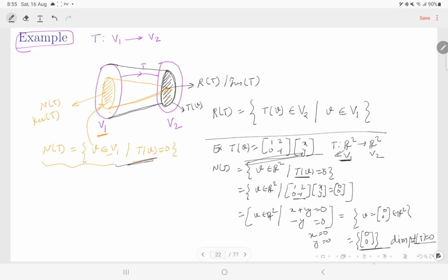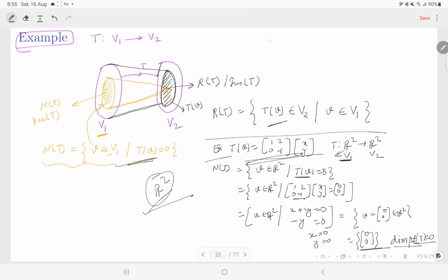Okay, what about range of T? When the dimension of null is 0, the range of T will be the complete set for this transformation, which will be the complete R2 space. Think about it, or just put the definition in.